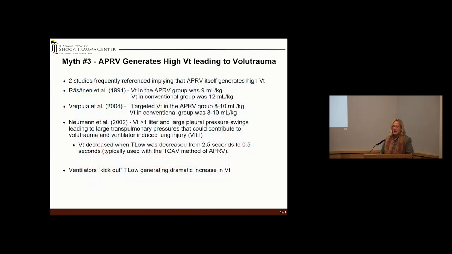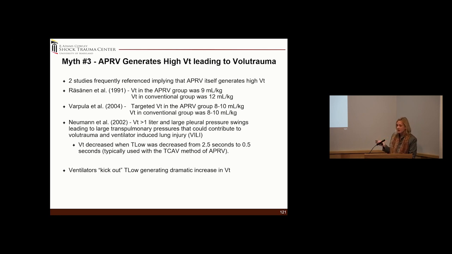APRV generates high tidal volume leading to volutrauma. And this is really interesting because there are a lot of claims that APRV in itself, and actually there was the patient that Luigi had, that if we switch over to APRV, surely we're going to cause these high tidal volumes. And actually, two studies are frequently referenced saying that APRV has higher tidal volumes.